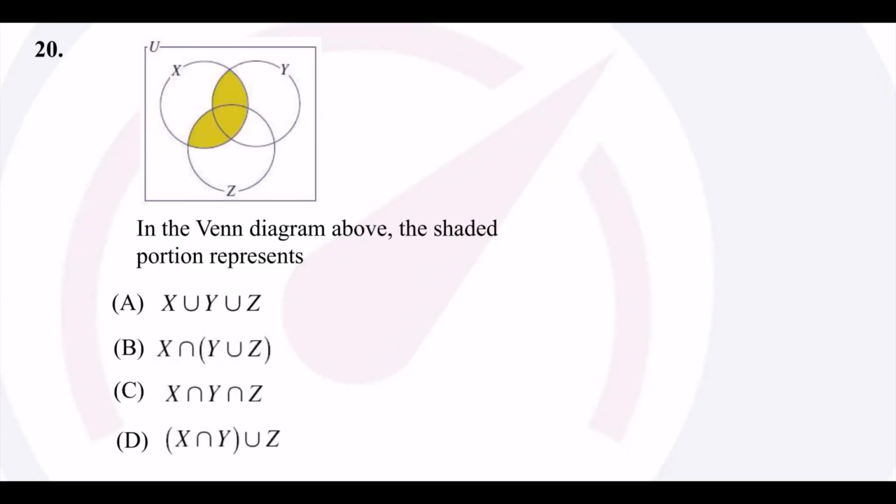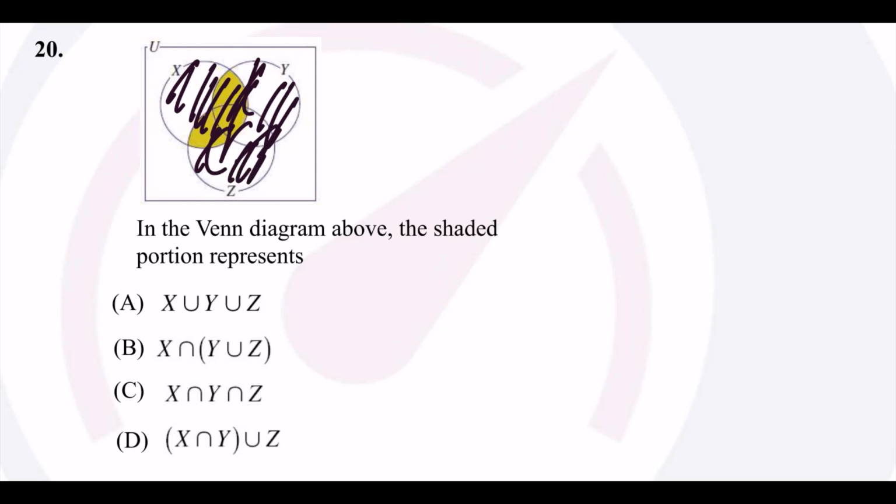Question 20. In the Venn diagram above, the shaded portion represents. So let's go through the options that they have here. So X union Y union Z. What does that look like? That's the entire set, the entire union.